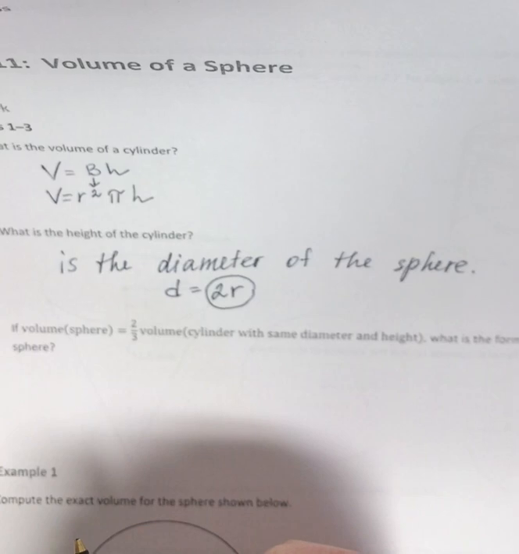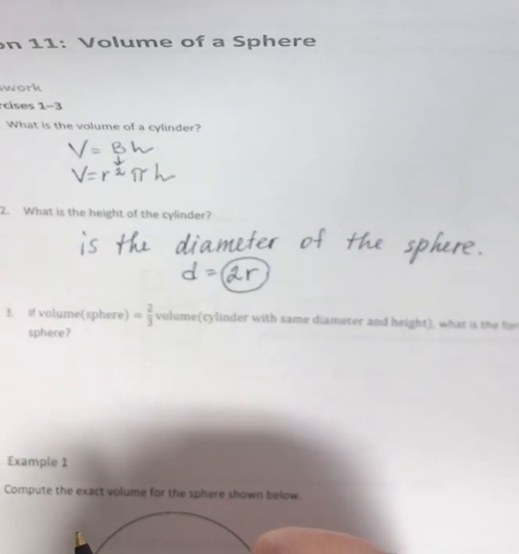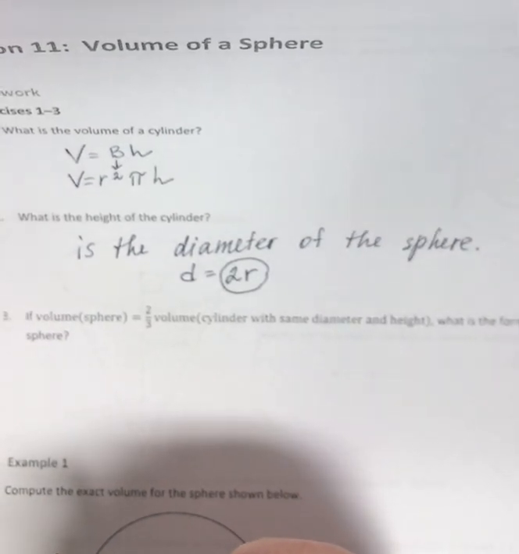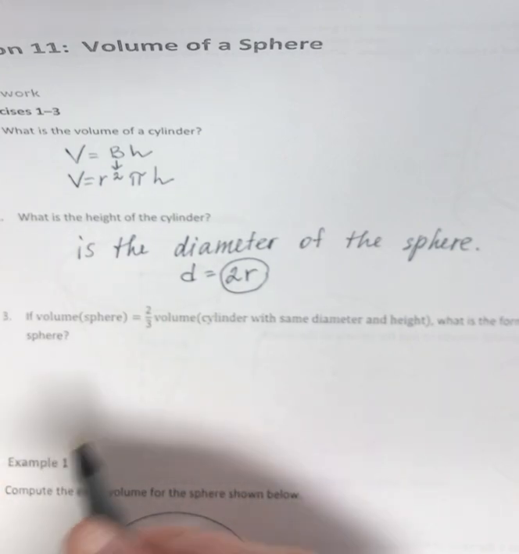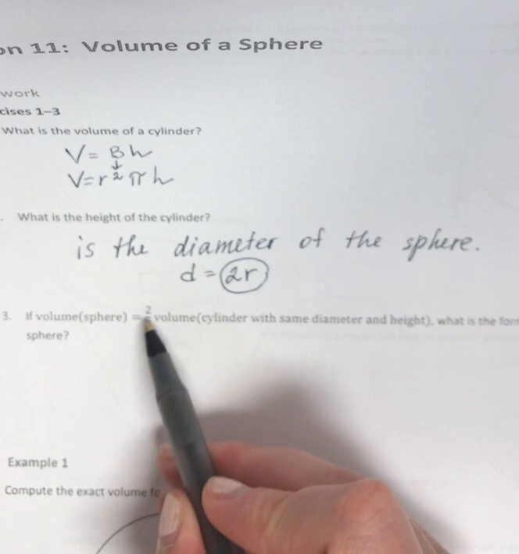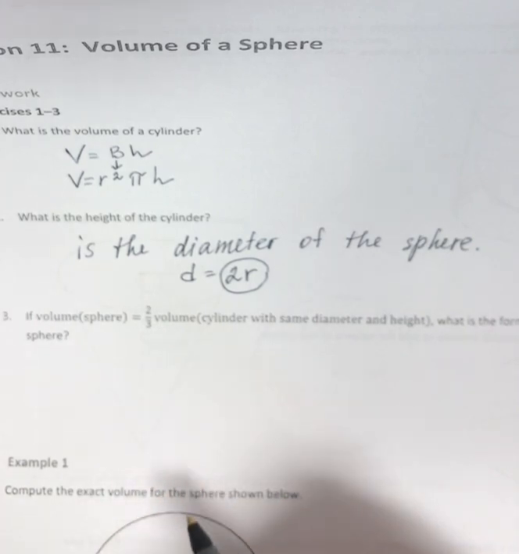If you watched the video on YouTube that relates the volume of the sphere to the cone to the cylinder, you noticed that the volume of the sphere takes 2/3 of the volume of the cylinder. We are going to apply that as well.